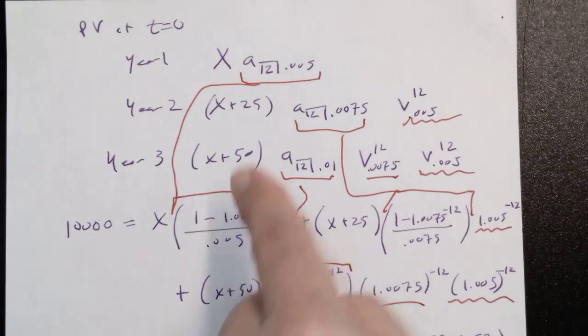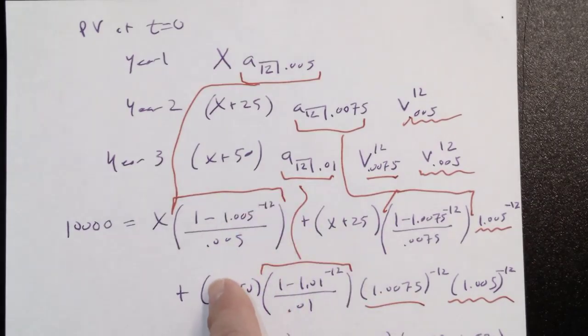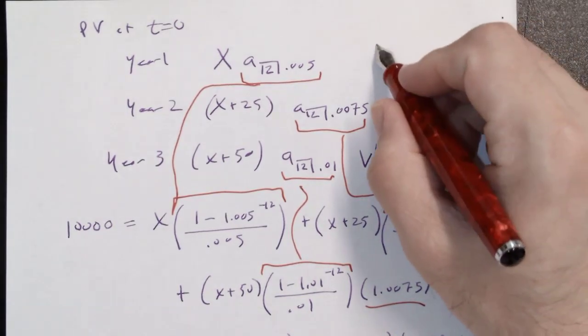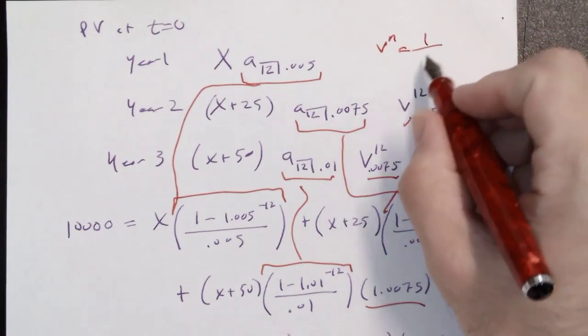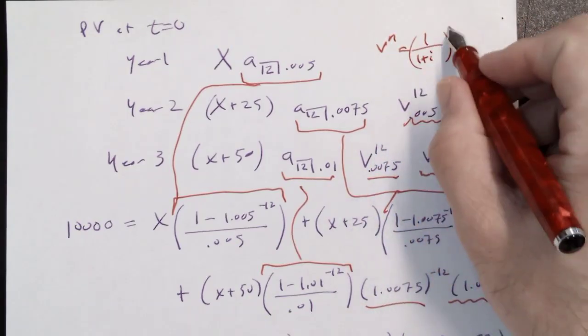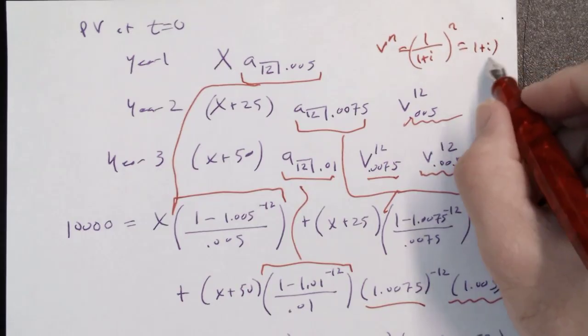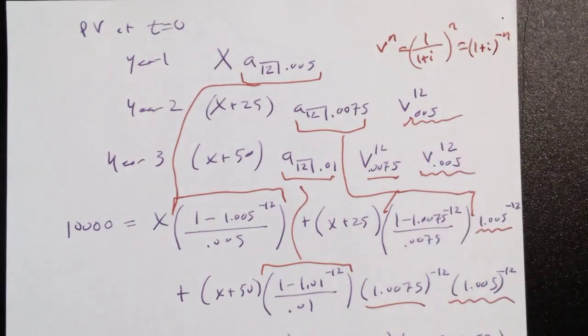This is the formula for A sub n angle i: 1 minus 1 plus i to the n, over i, or 1 minus v to the n. Yeah, v is 1 over 1 plus i, to the negative whatever power. Whenever we write v to the n, that's 1 over 1 plus i to the n, so that's 1 plus i to the negative n.